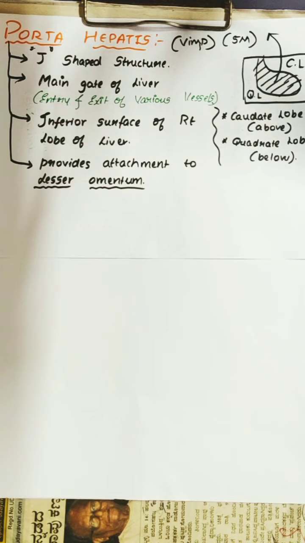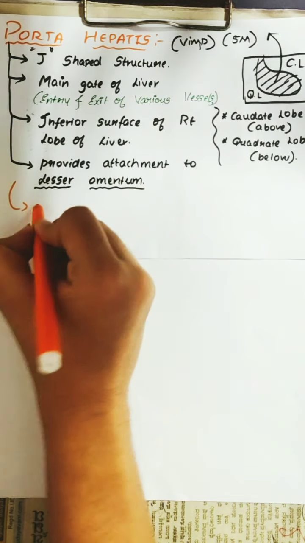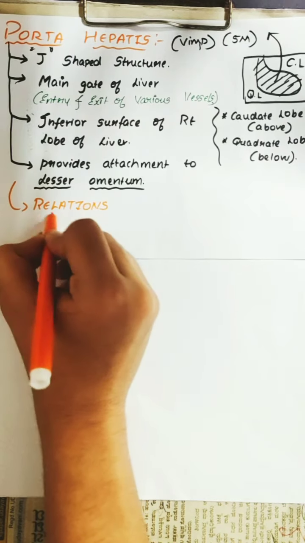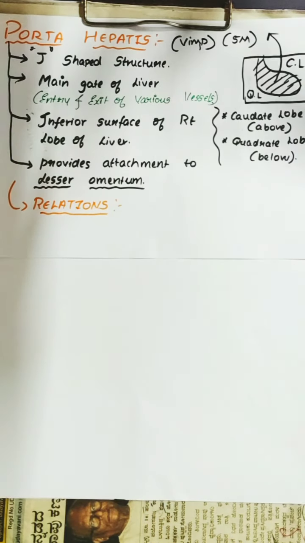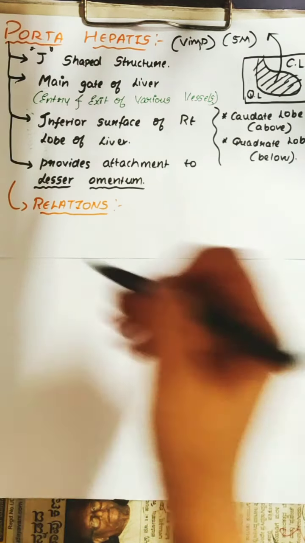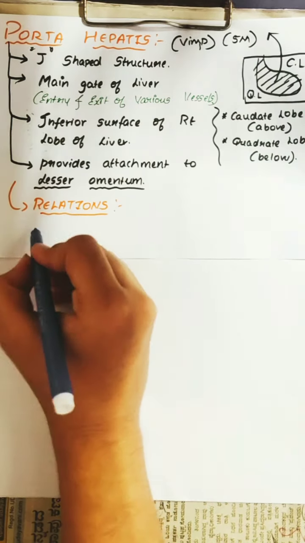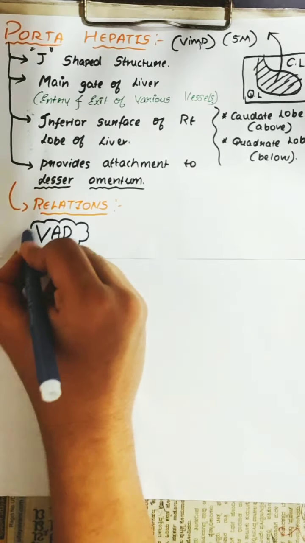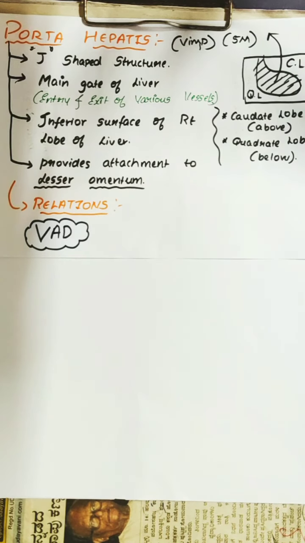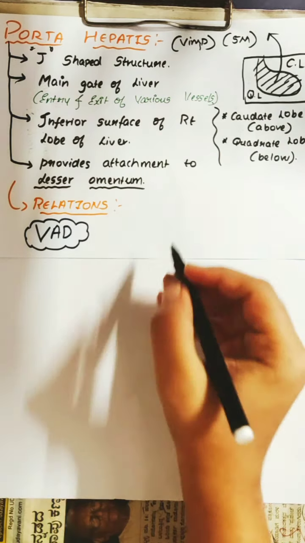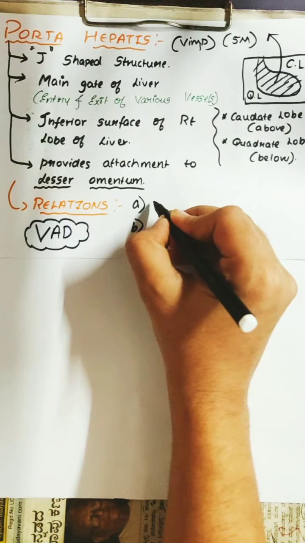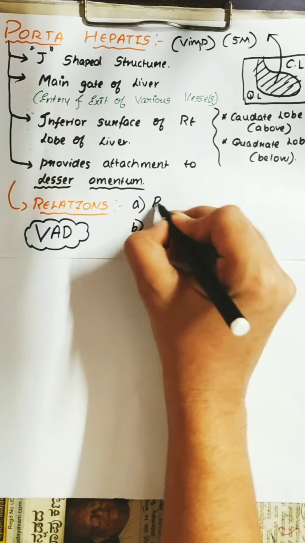Now we'll look at the relations of the porta hepatis. So there are 3 relations of the porta hepatis. Remember it with the mnemonic VAD. V-A-D. A vein, an artery and a duct are present. Vein, artery, duct. So vein, artery, duct.